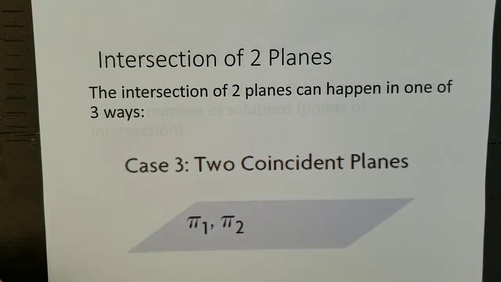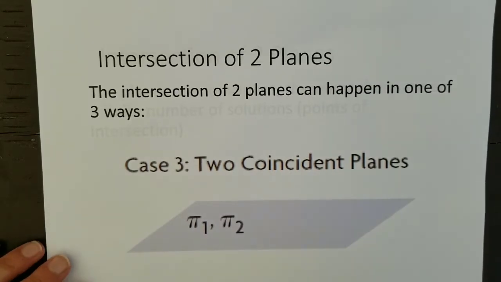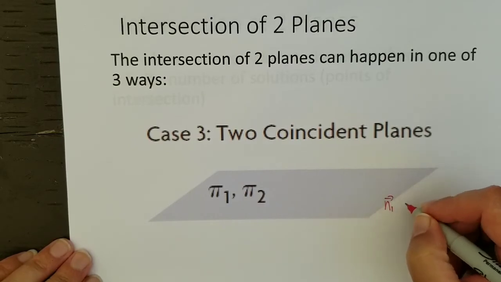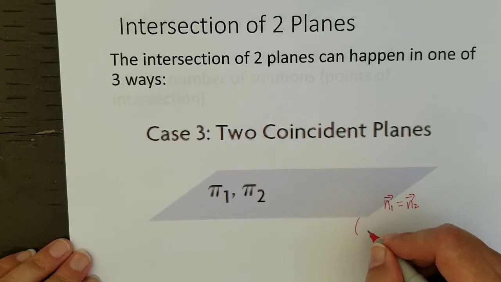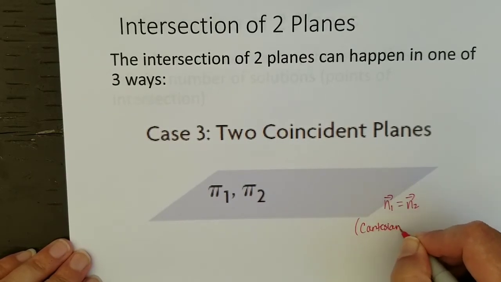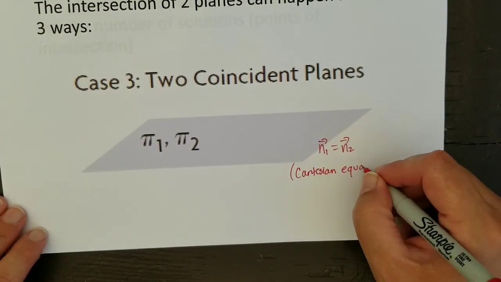Case three is the case where there's two coincident planes. So the normals will be scalar multiples, or actually the same, and the Cartesian equations will be the same as each other in standard form.